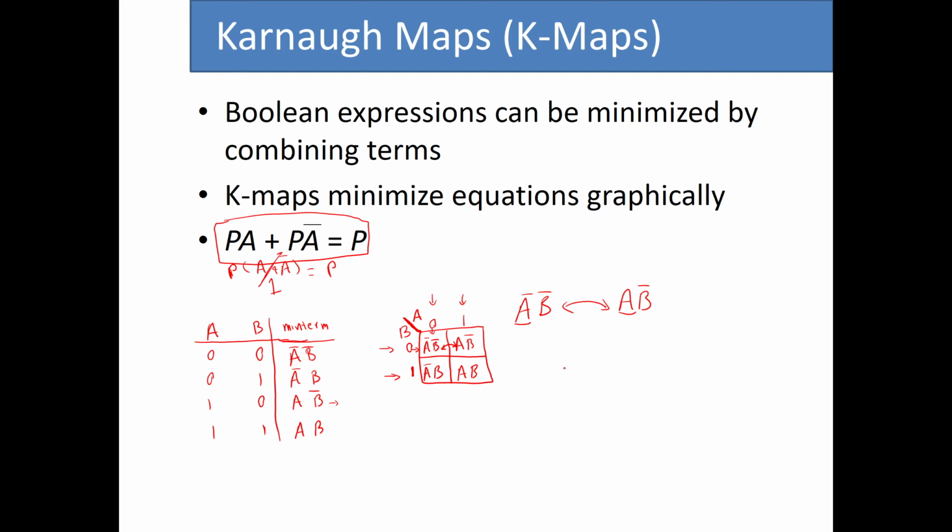So let's take a look at another one. What about this one? We have A bar B bar, and then A bar B. Again, between the two variables that we have, only one of them is changing. So we have one change here and one change here.